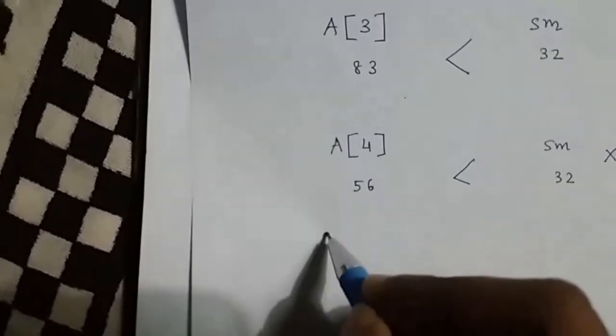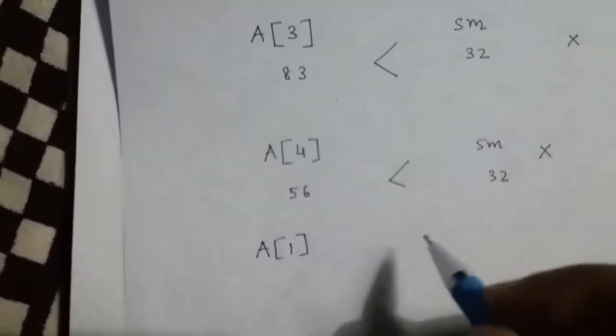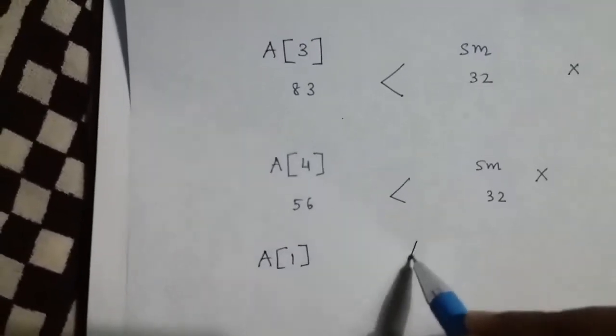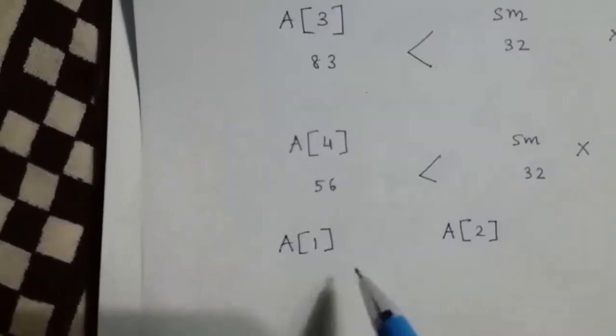So we considered A of 1, and actually the second smallest element is A of 2. So they will be exchanged.